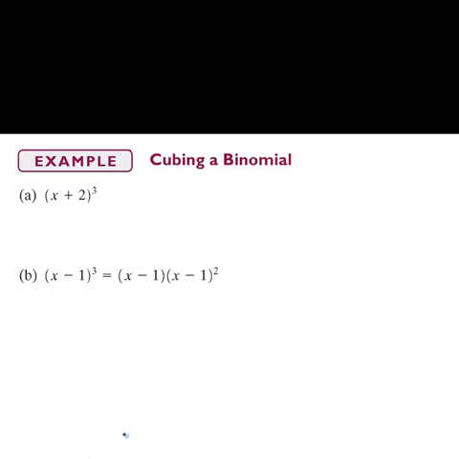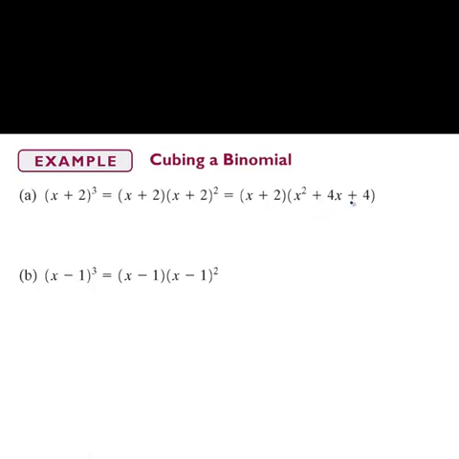All right, let's talk about cubing a binomial, meaning you take a binomial and raise it to the third power. And it turns out that there's a special formula for that, for the cube of any binomial. Now, you could write x plus 2 cubed as x plus 2 times x plus 2 squared, but x plus 2 squared is x squared plus 4x plus 4.